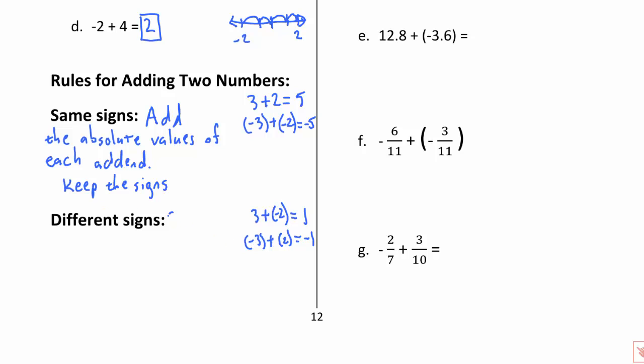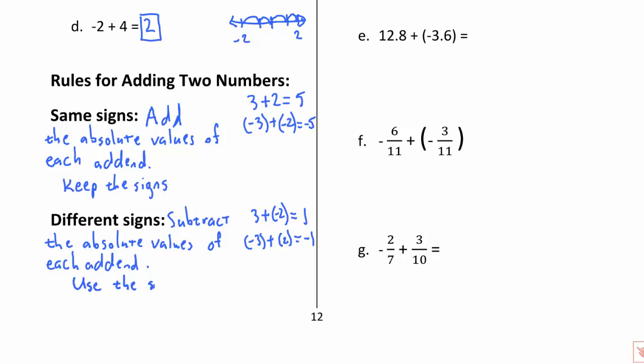With different signs, you subtract the absolute values of each addend, and then you use the sign of the largest addend.